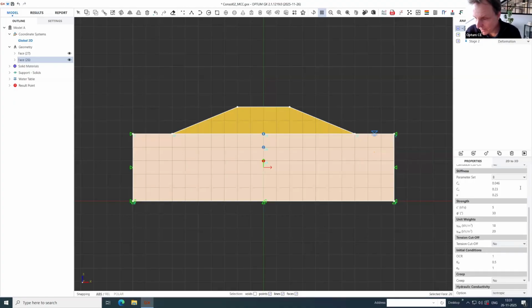What happens internally is that these are converted to lambda and kappa using the formulas that I showed you before. So the same thing is done. It's just that if these are the values you have at hand, then you don't have to do a manual conversion. Of course, you should be aware of what is actually done, and what is done is that they are converted according to those equations I just showed before.